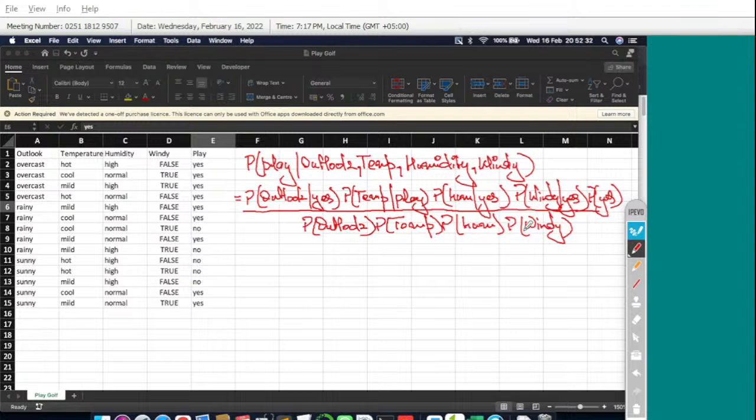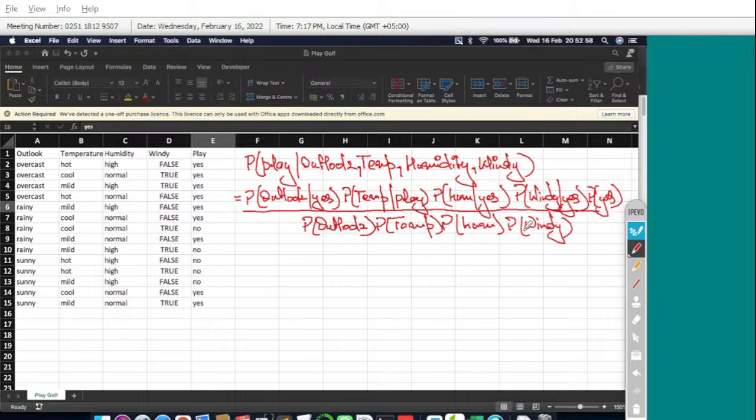We have the algorithms that will perform all the calculations and give us the predictions. But we are just understanding how it's going to work, right? So this is the conditional probability when we have multiple conditions.